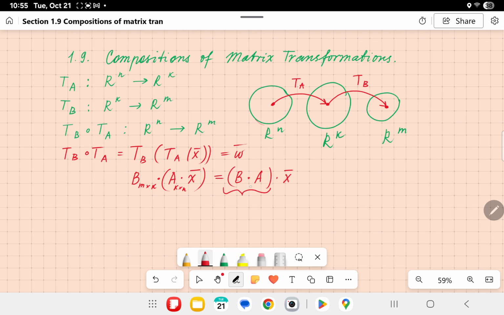So the matrix of composition is going to be the product of the matrices. I'm going to call it TBA, matrix of composition, and that's going to be just a product of matrix B by matrix A, or a product of matrix of transformation B by matrix of transformation A.